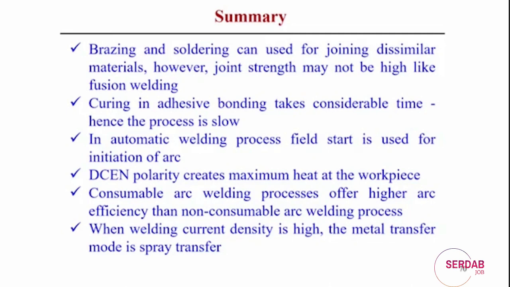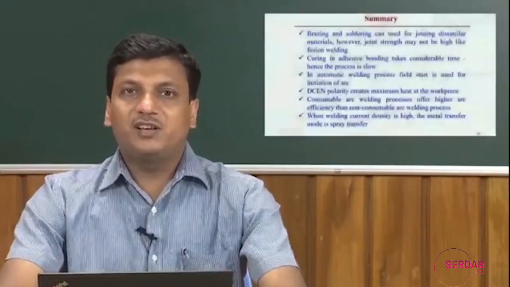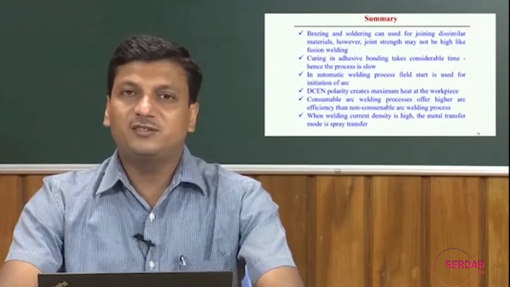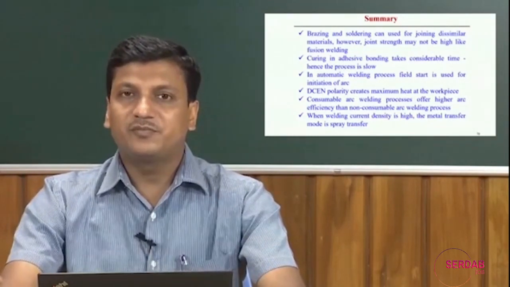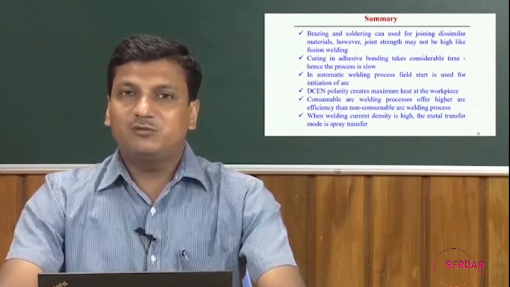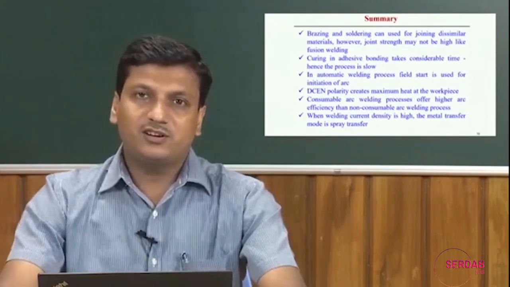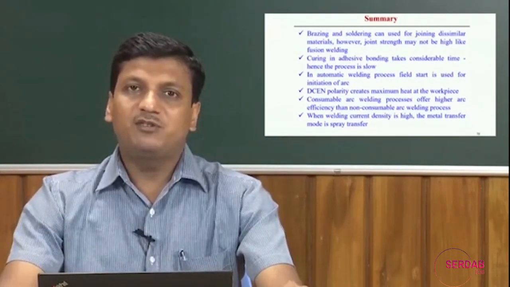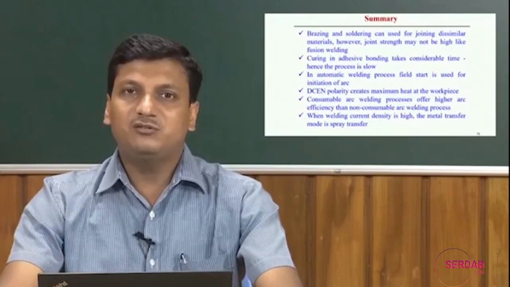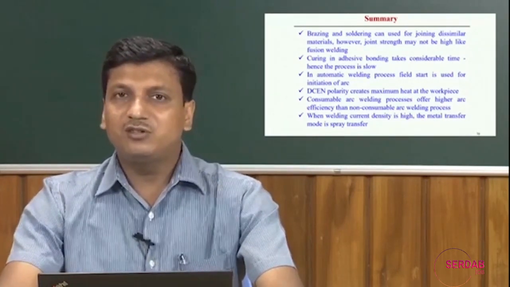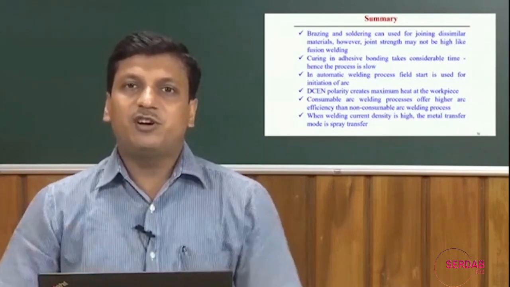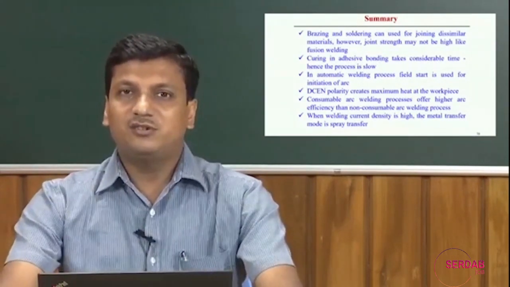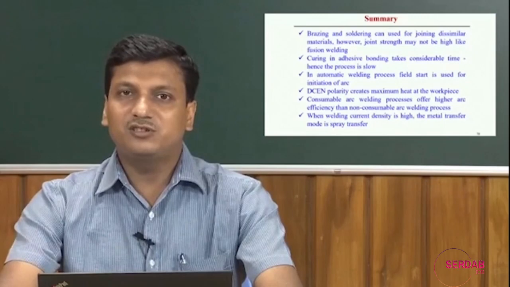In arc welding we use different types of current: AC, DC, and even for DC we use different polarity, either direct current electrode negative or direct current electrode positive, depending upon the applicability of the process, whether we are using a consumable or a non consumable electrode, because the polarity decides the amount of heat generated in the workpiece or the electrode.